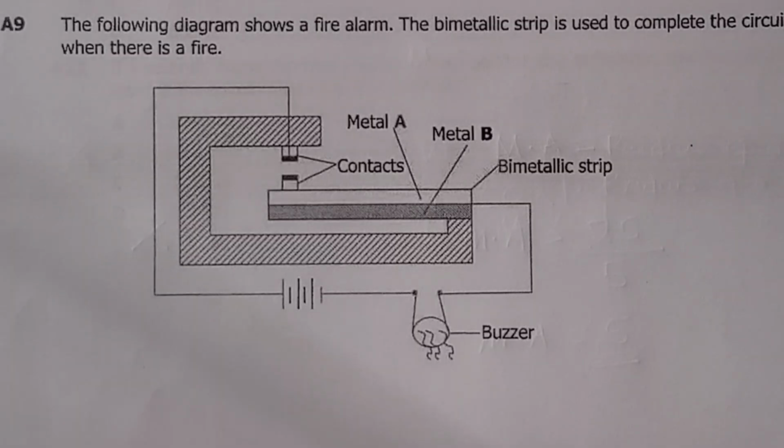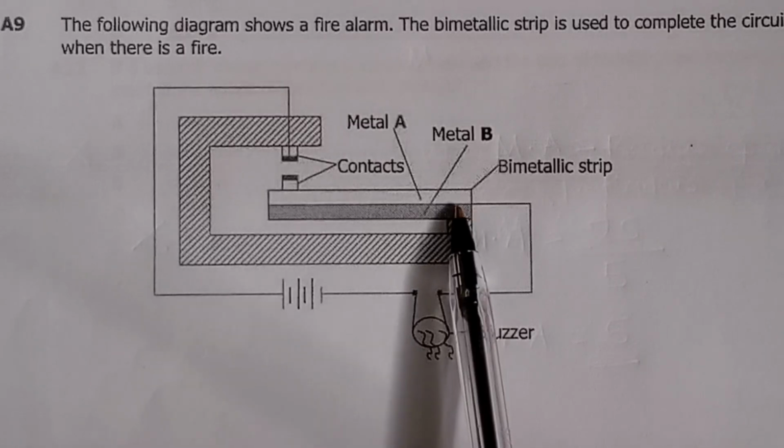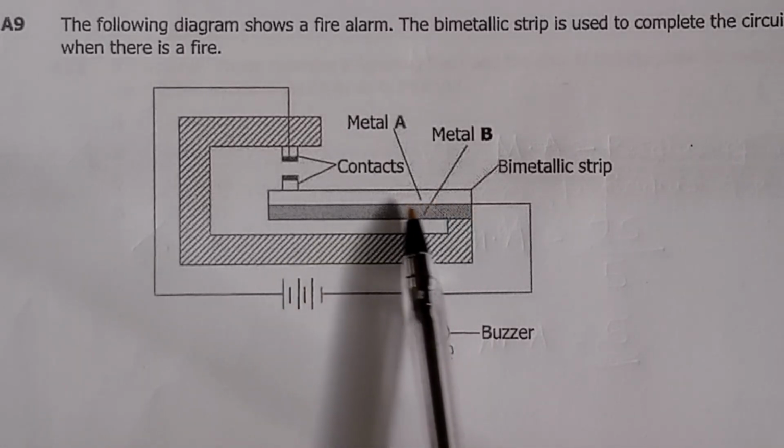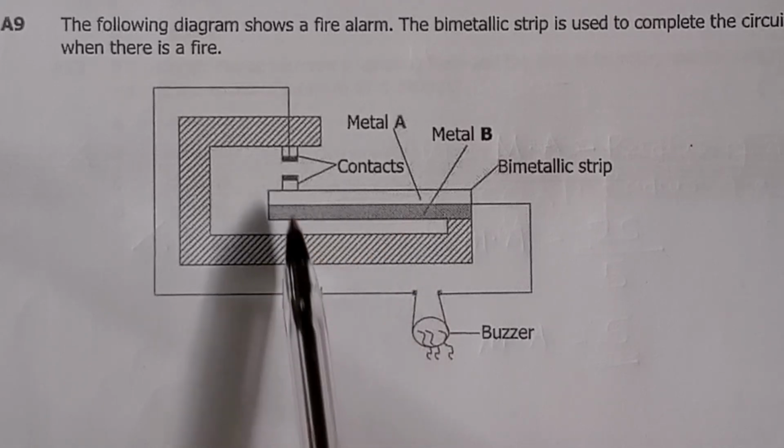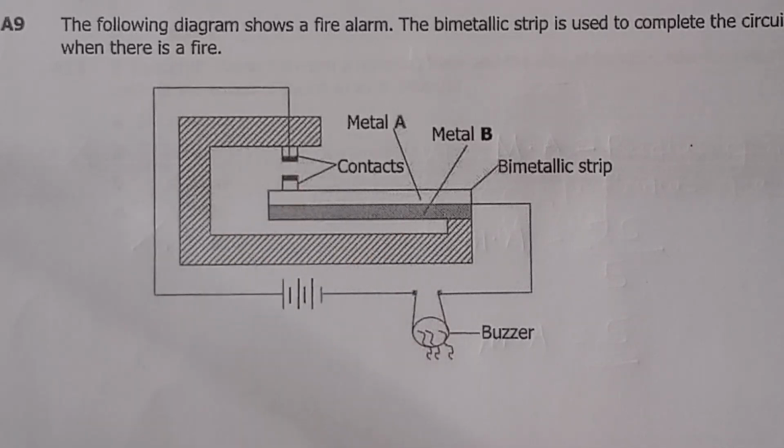Number 9. The following diagram shows a fire alarm. The bimetallic strip is used to complete the circuit when there is a fire. So this is the diagram. So we have the bimetallic strip, which is a combination of two metals, metal A and metal B, and these are contacts.